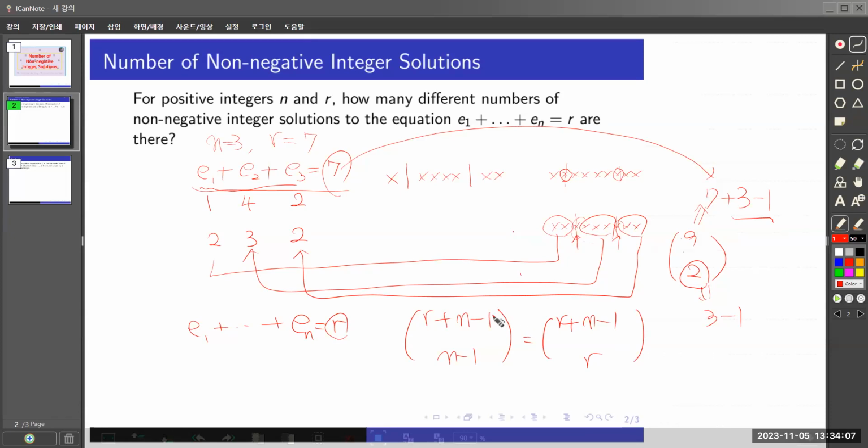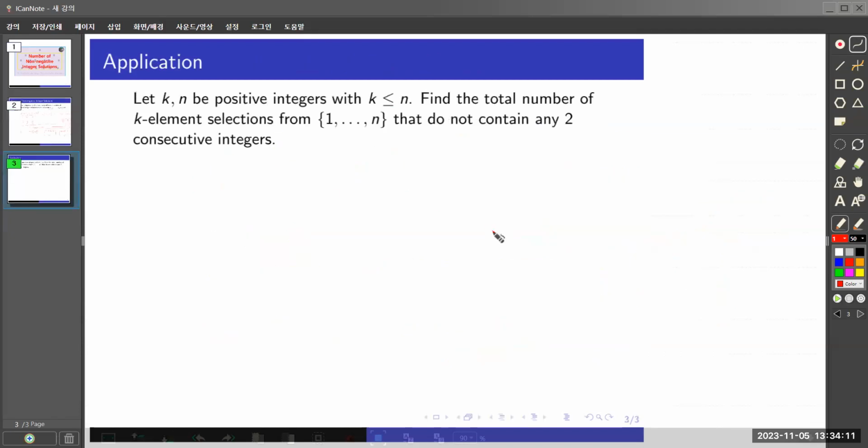So here is an application of this. Given a set 1 through n, we want to count the total number of k-element selections, but there is a condition that they do not contain any 2 consecutive integers.